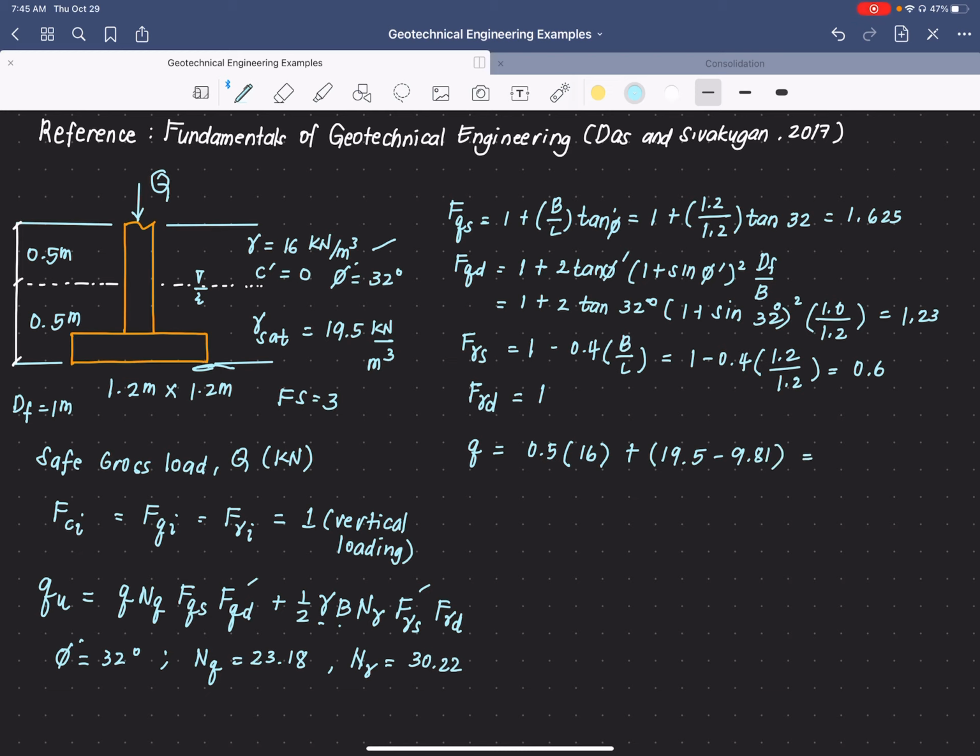So from here, our effective stress is 12.845 kilonewton per square meter, rather. So that is our overburden pressure.